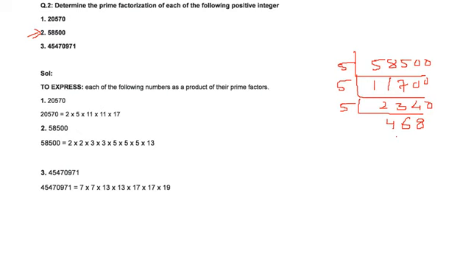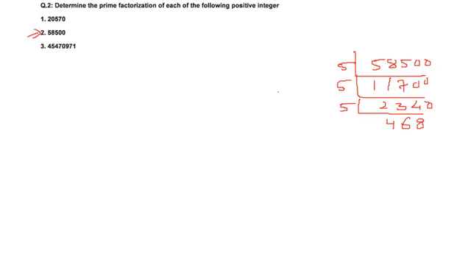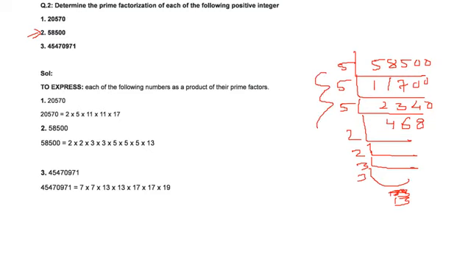Now 468, because we have already done that, let us utilize this: 2 into 2 into 3 into 3 into 13. So this will be 5 into 5 into 5, then 2, 2, 3, 3 and 13. This we have already done, that is why I am just taking it from the previous question. So the prime factorization is 5 into 5 into 5, 2 into 2 into 3 into 3 into 13.